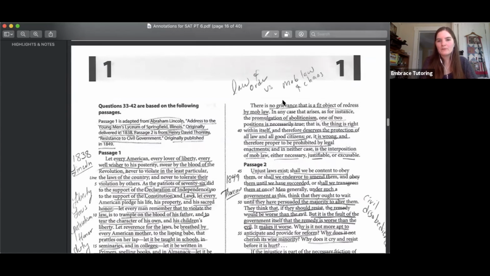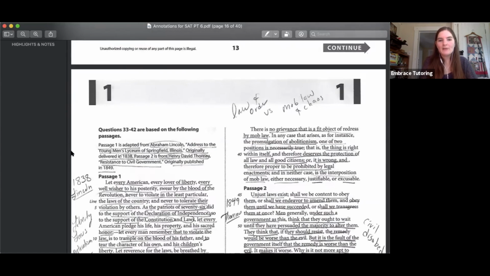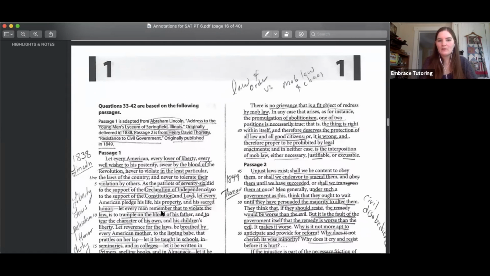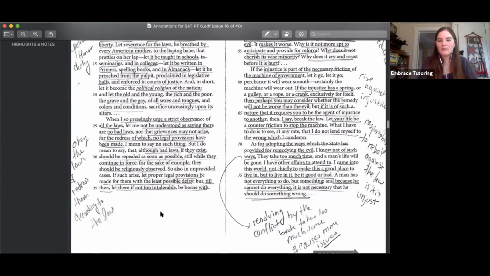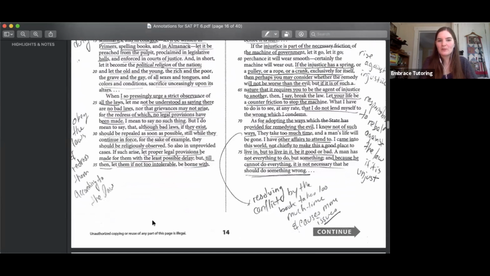Law and order versus mob law and chaos. I don't have any questions on the historical passage, because we had 1838, a work from Lincoln, and then we had 1849 by Thoreau. These were dense works that you might have had questions on in terms of breaking them down.